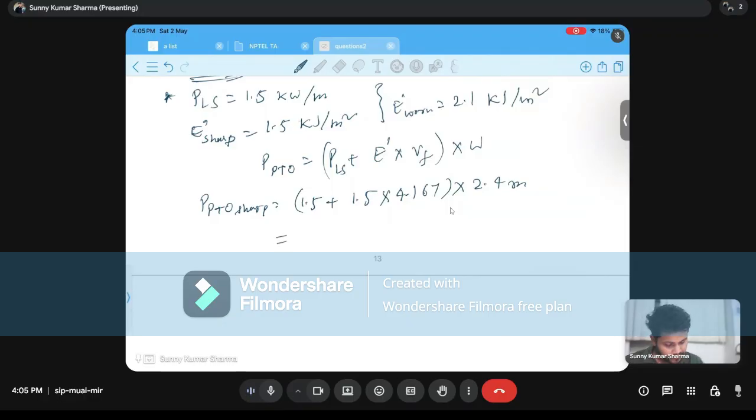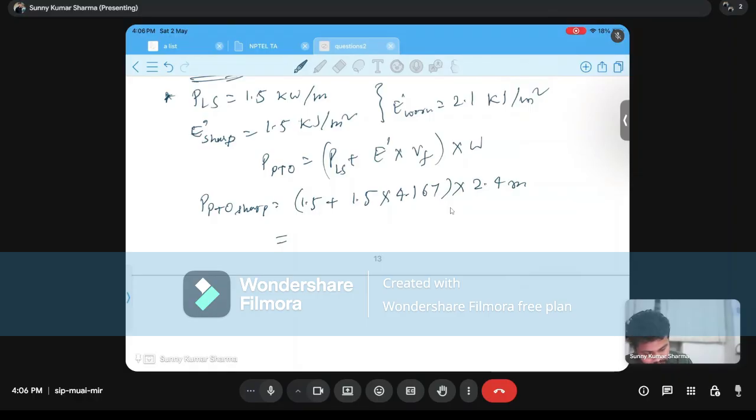So what will be the value for this calculation? 1.5 plus 1.5 into 4.167 into 2.4.